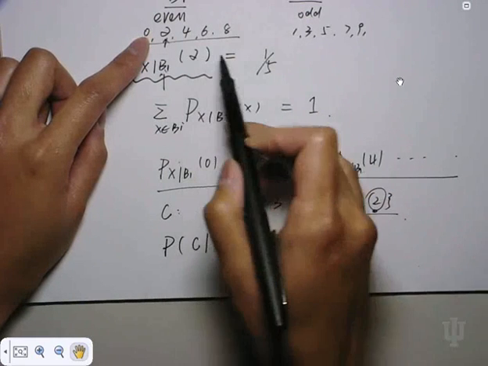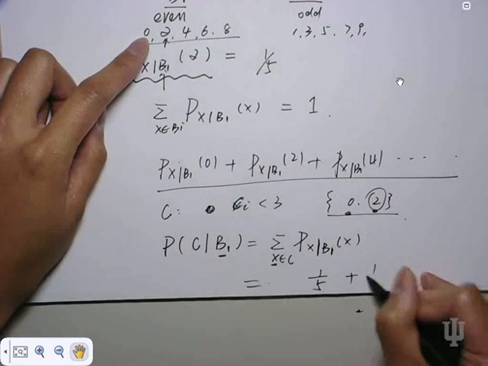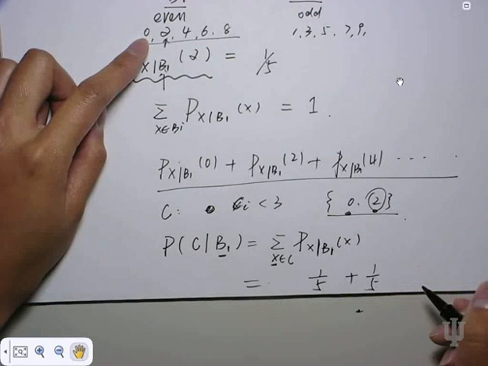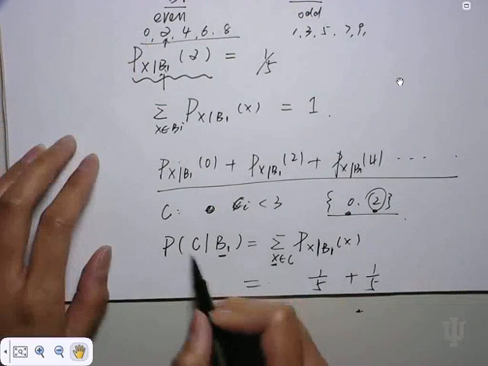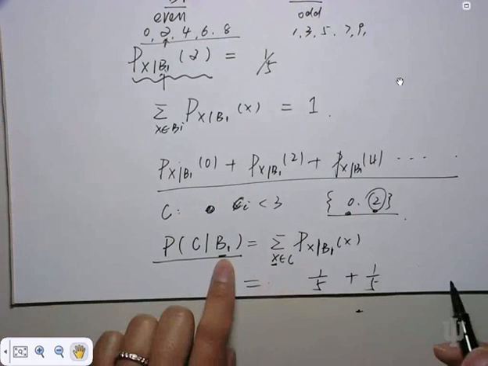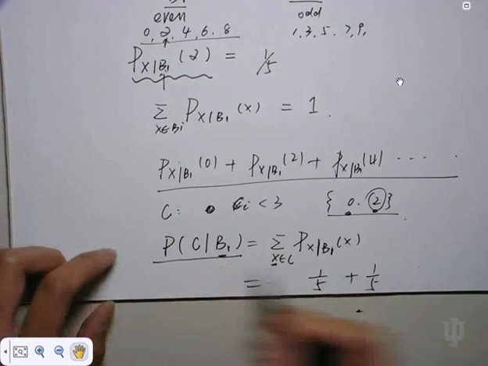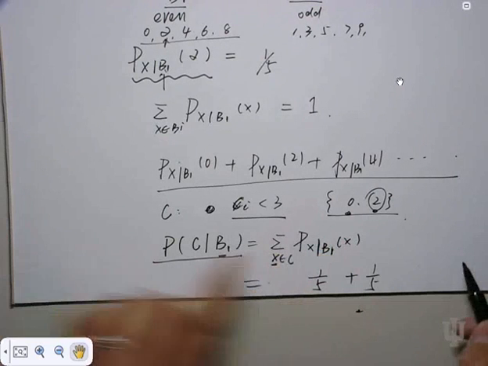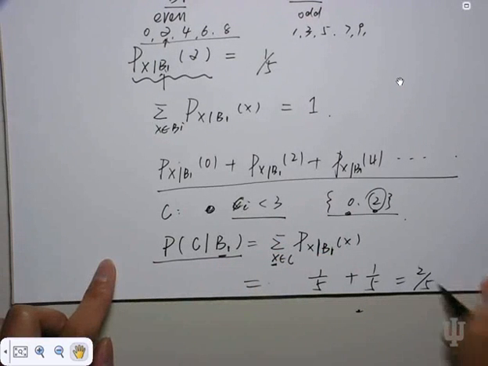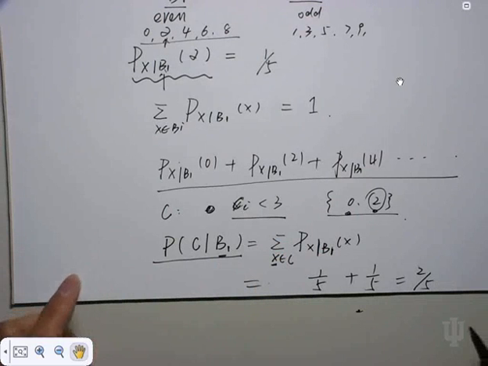Knowing you're in the even set, to be a 2, 1/5, right? So the probability, given you are in the even set, of being an even number less than 3 will be 2/5, right?